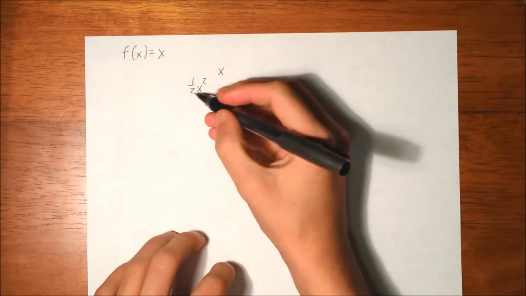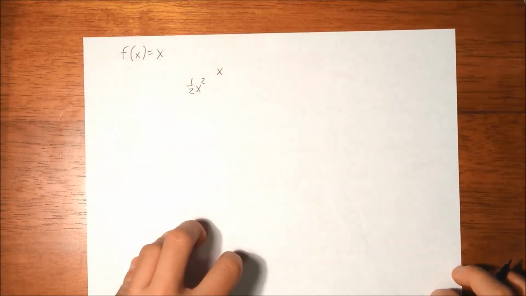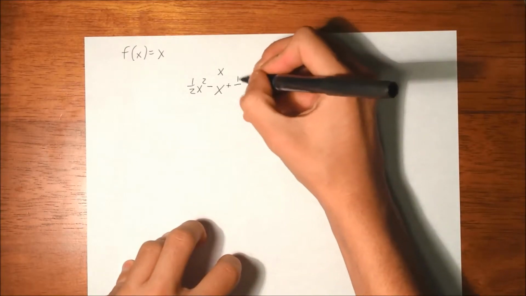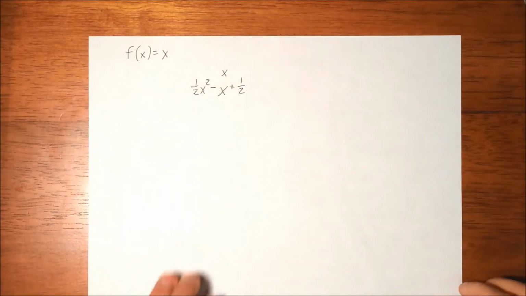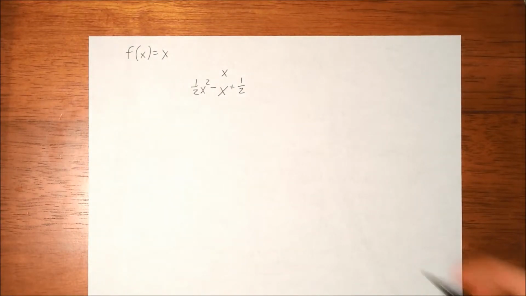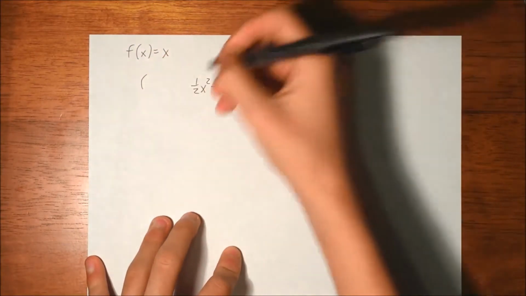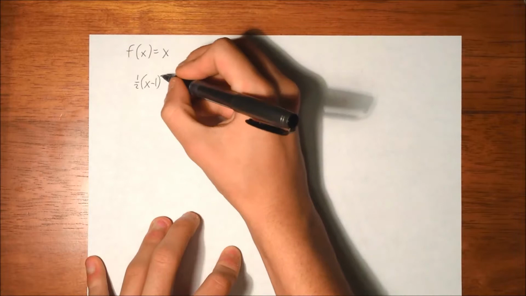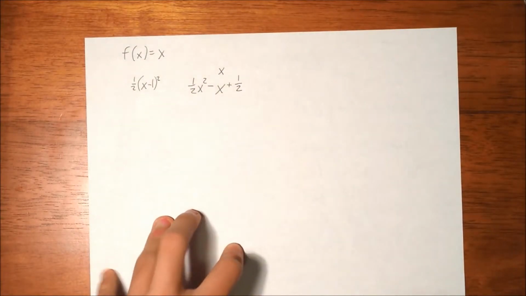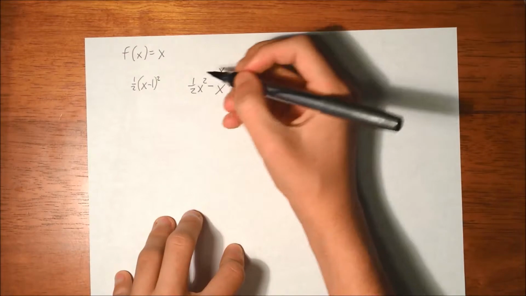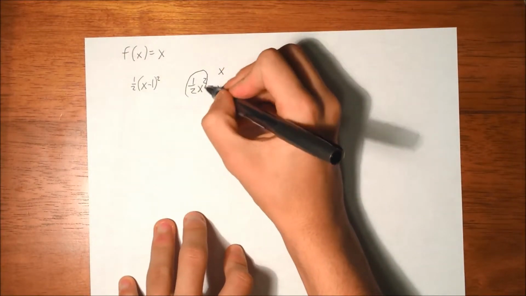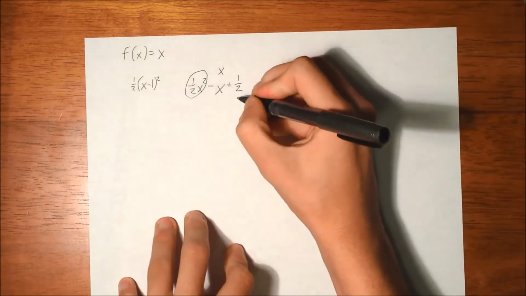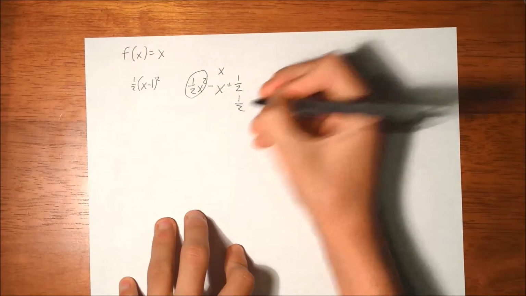So we're going to find out if this is f of x, what's f of x minus 1? That would be minus x plus 1/2 by binomial expansion. Because 1/2 x minus 1 squared is equal to this. So then you subtract the original f of x, and I do that by circling. So it's just this. And we're going to add this on, which whenever you add these together, you just get 1/2.